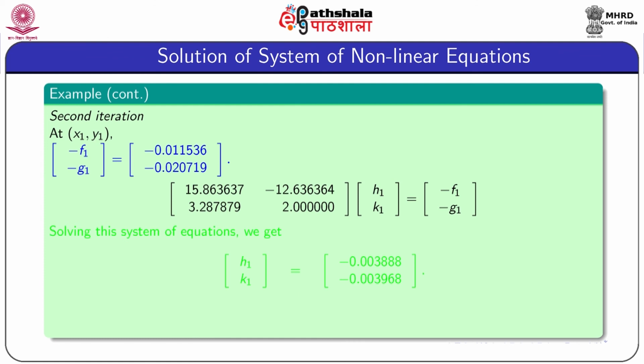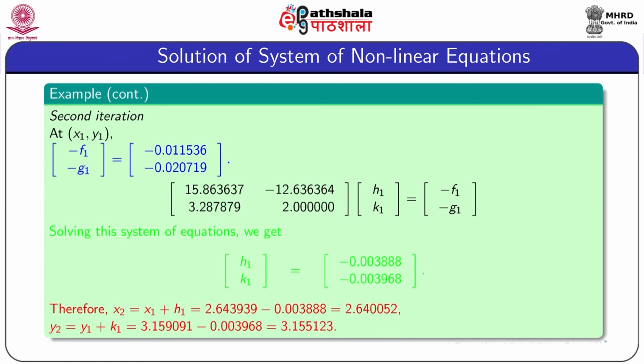Solving this system of equations, we get h1 = −0.003888 and k1 = −0.003968. Thus, the second approximate value of x, which is x2, is 2.640052, and the second approximate value of y is 3.155123.